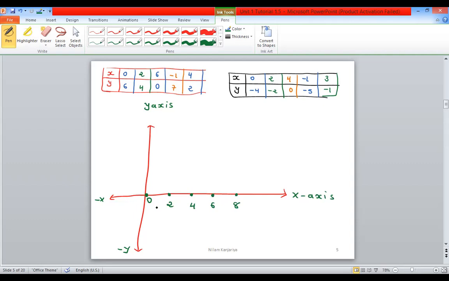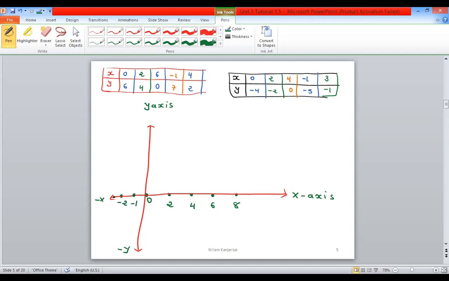When you use the graph paper, this is your choice. You can put every box as 1 centimeter or 2 centimeter. Here I have no space, so I am taking the 2 point. Here this is -2. It may be here this is -1.